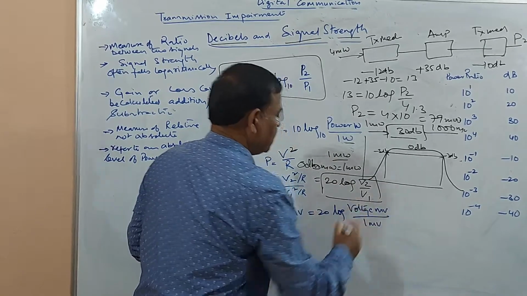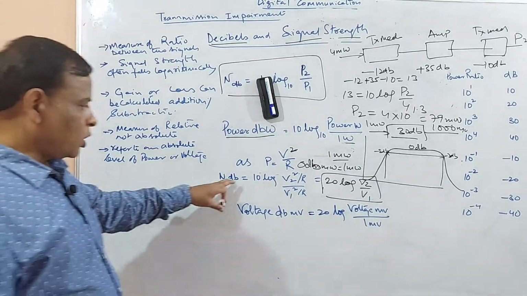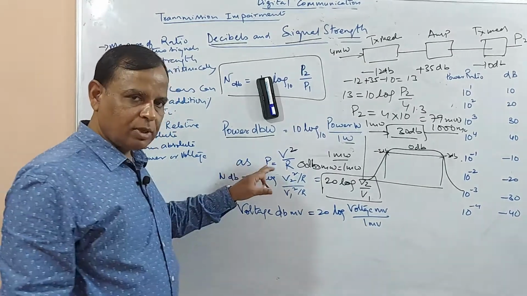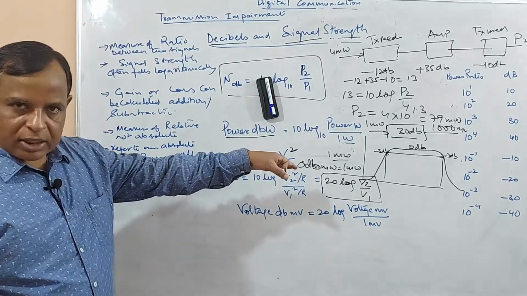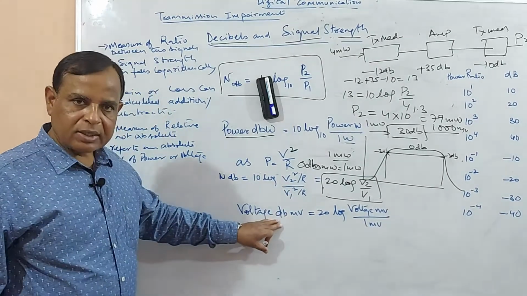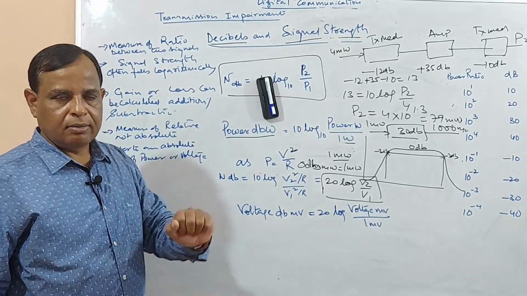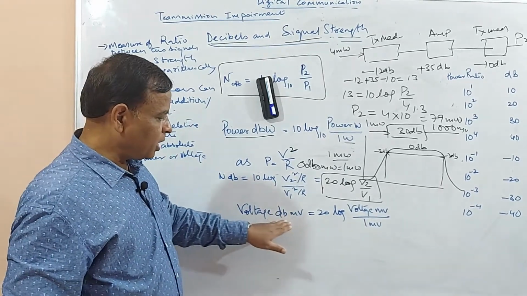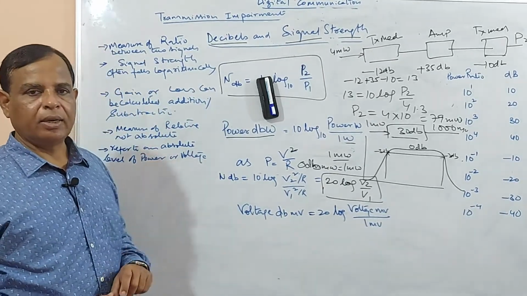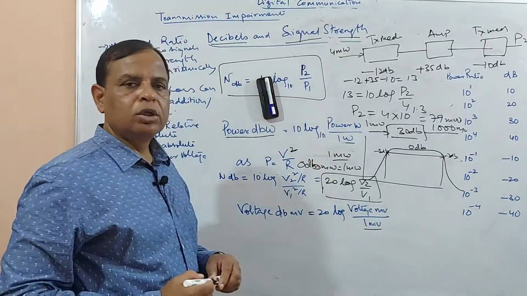20 log V2 by V1. So this is how you can extend this particular decibel formula to represent voltage also. That's why in these particular networks, you will be familiar with dBmV. What it means is the reference value is 1 millivolt.